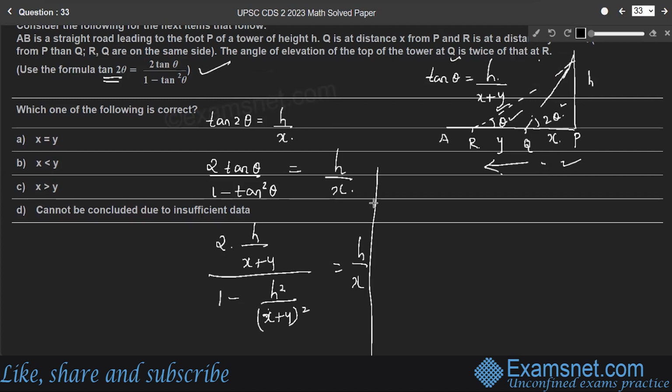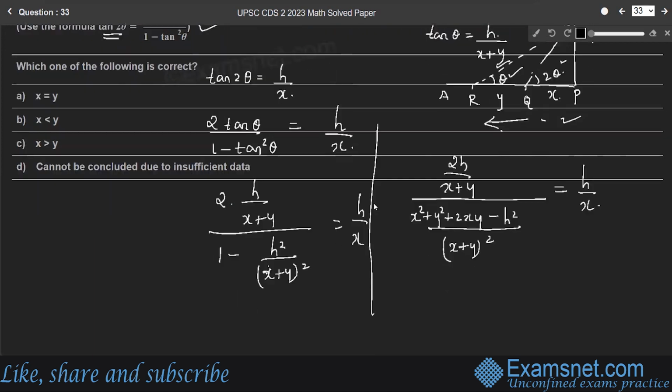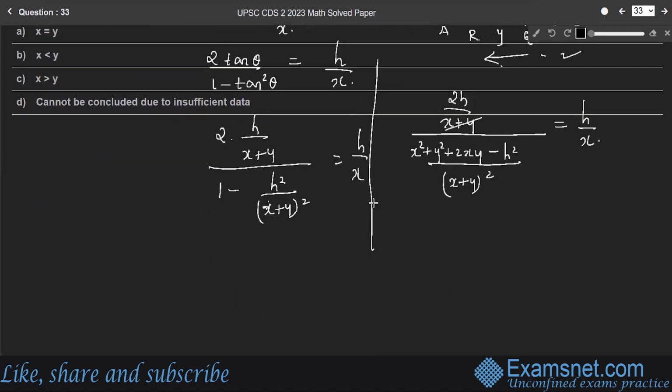So here in the denominator we have x plus y the whole square as the LCM, and numerator of the denominator becomes x square plus y square plus 2xy minus h square, and the numerator is 2h by x plus y, right, is equal to h by x, right? So here x plus y and one of the x plus y will get cancelled, and this x plus y will go to the numerator.